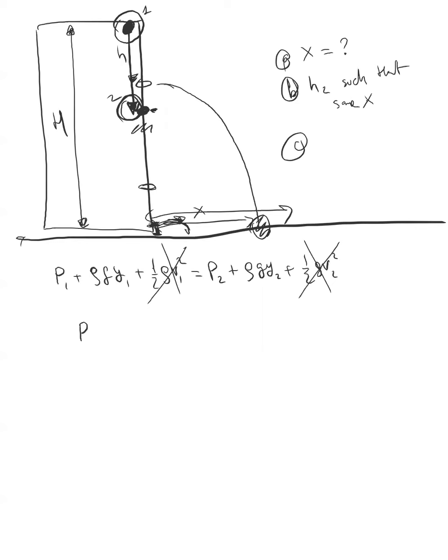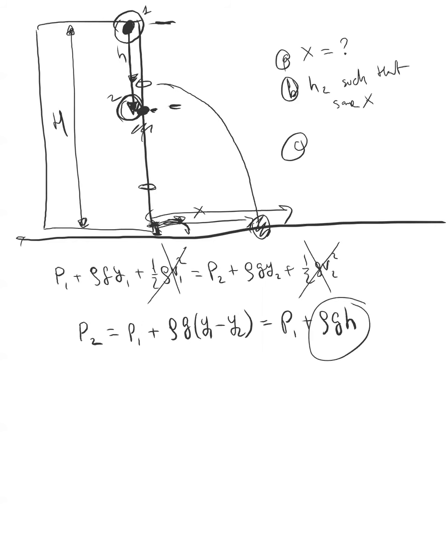My pressure at point 2 will be pressure at point 1 plus rho, density of water, times g times y1 minus y2. And if you think about this, y1 minus y2 is exactly h. So pressure at point 2 is equal to the pressure at point 1 plus rho times g times h small. So this is not surprising.